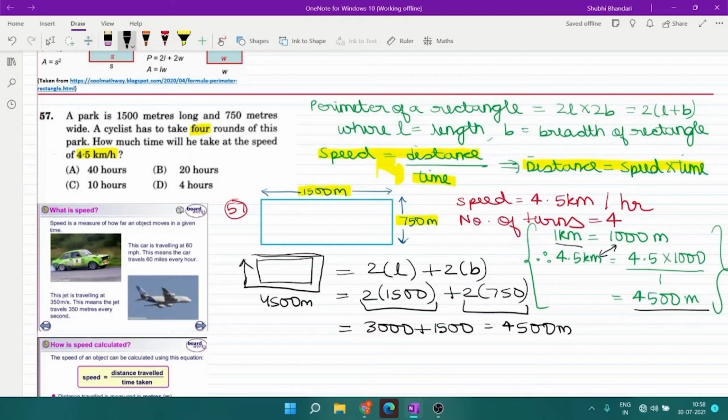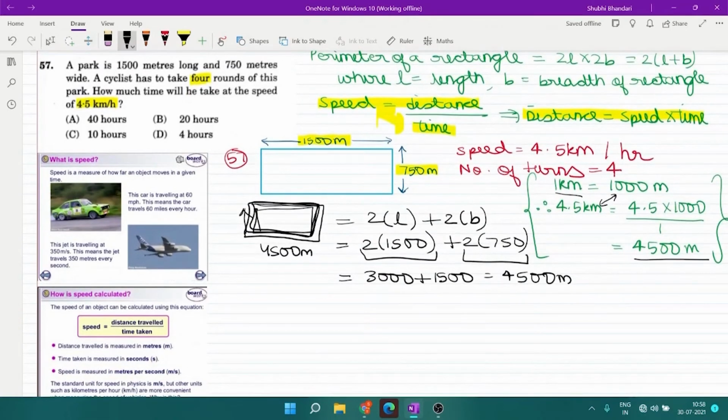So to complete 4 rounds, they will have to travel 4 into 4500 meter, which is 18,000 meters.